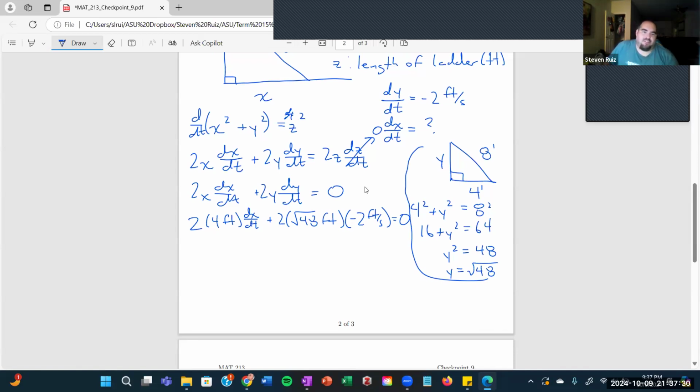So now 8 feet times dx/dt is equal to 4 times radical 48. I guess feet squared per second.